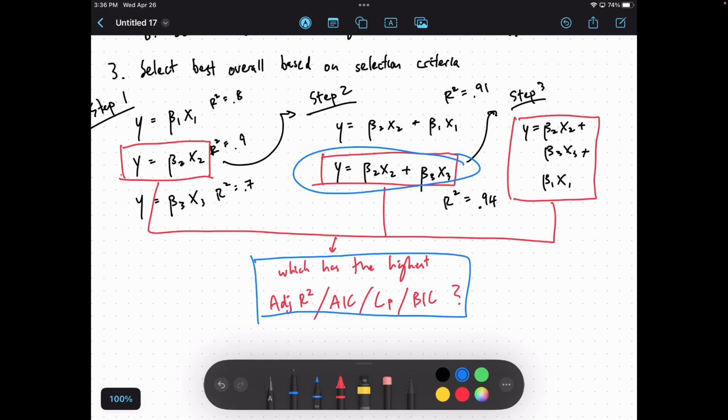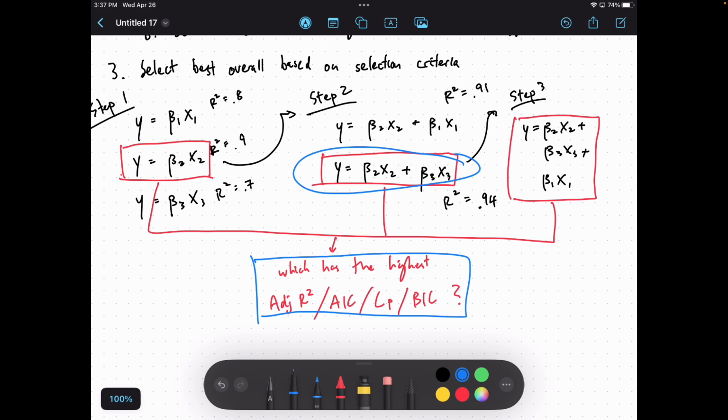How many possible combinations of regressions could I run based off of the number of variables that I have? 2 to the k, right? So approximately 8. So I'm actually saving some computational complexity. And in this case, you're like, well, it's only 2 more regressions. What's the big deal?